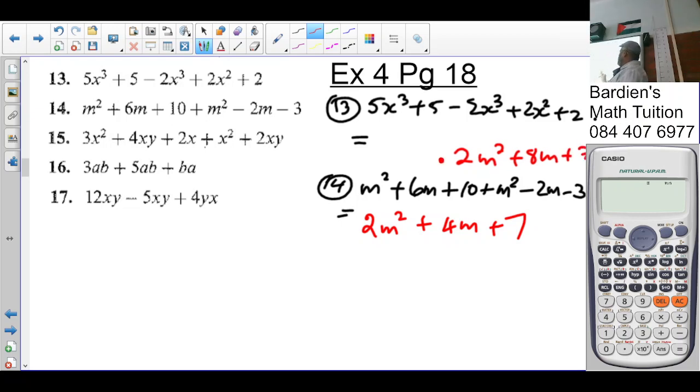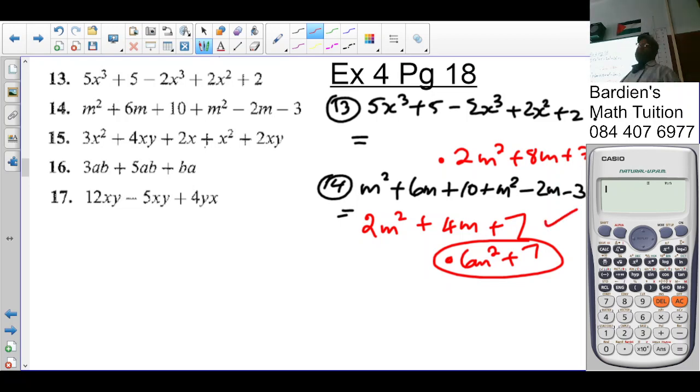Who got a different answer to what's on the board? I said 6m squared plus 7. The person who gave this answer, who was that? You did your homework yesterday? No. Okay. This is correct. However, let's relax.